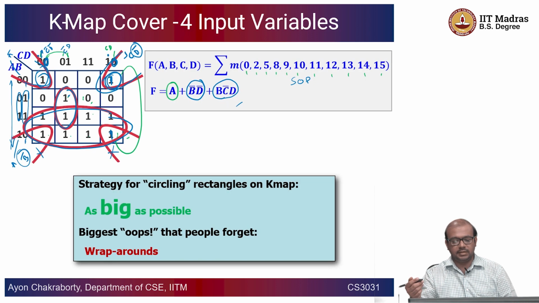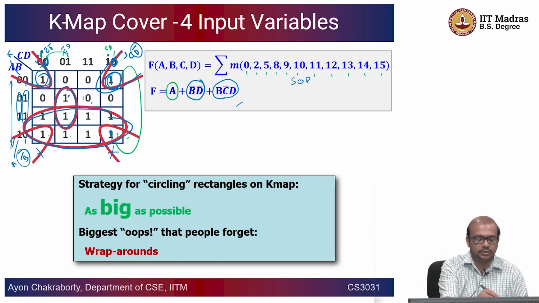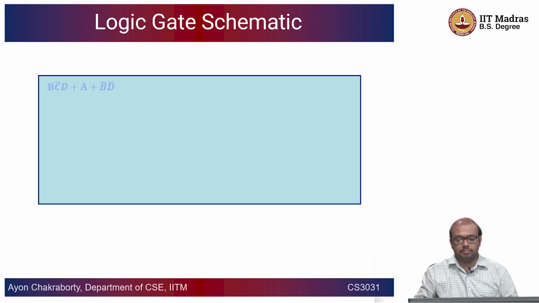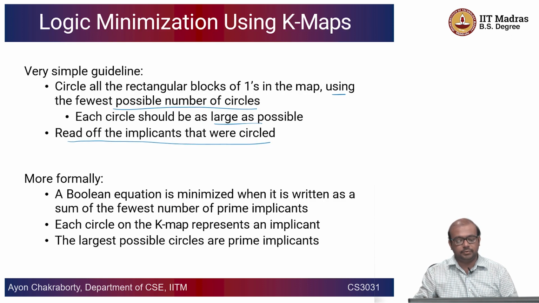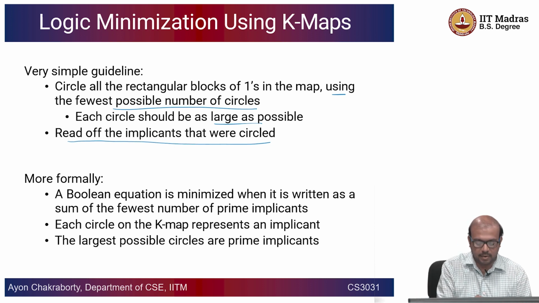If we go back to this example, this huge rectangle we had was A, whereas for this small circle the corresponding implicant was B C bar D. So, this is the rule: you should mark the circles starting from the largest circle and go down.